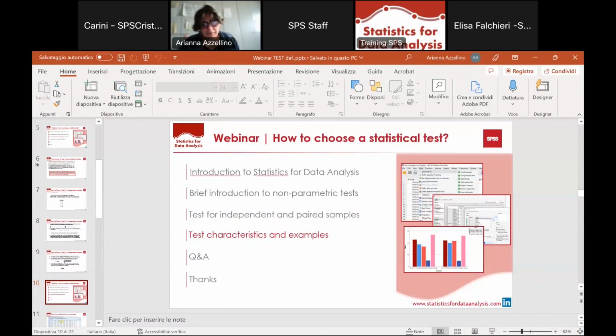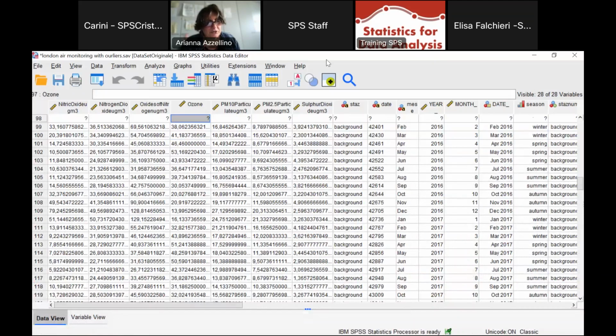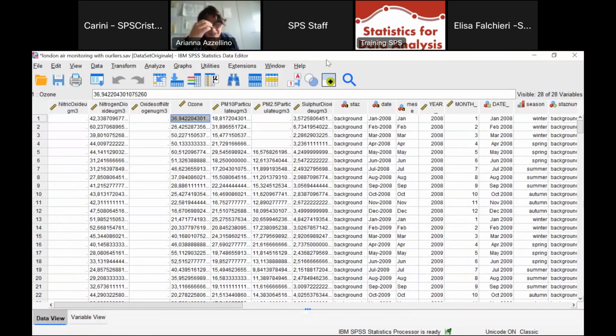The interesting part about using ozone as a pollutant is that since ozone has, let's say, a clear relationship with solar irradiation, ozone is a pollutant which shows daily patterns which are very similar and follow the sun irradiation.